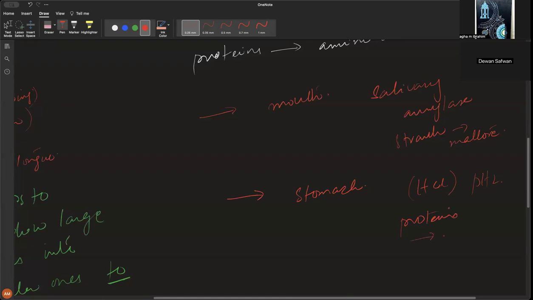Some proteins are broken down into amino acids, right?